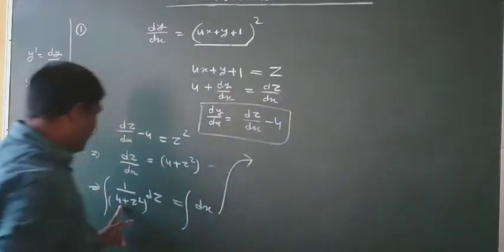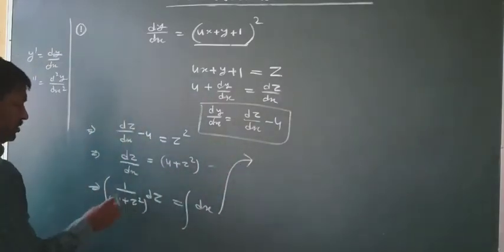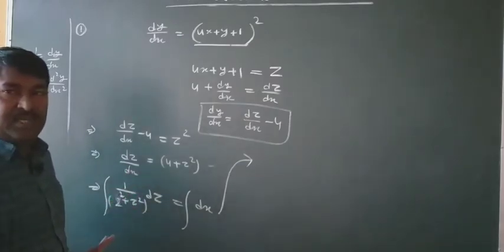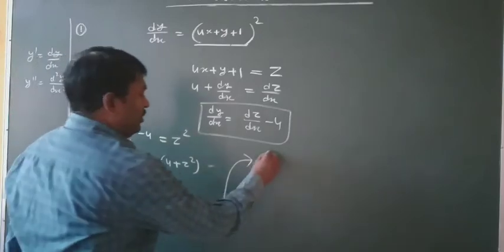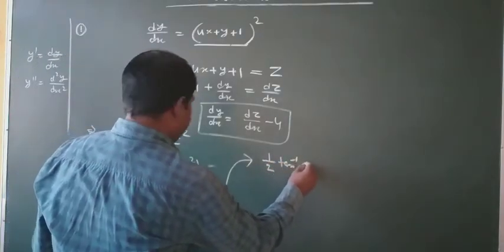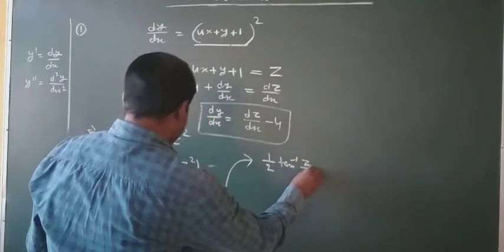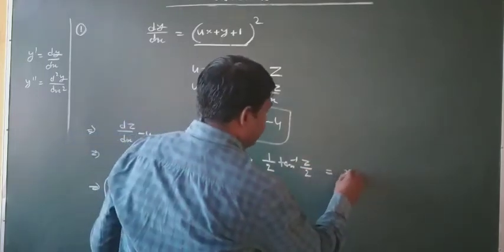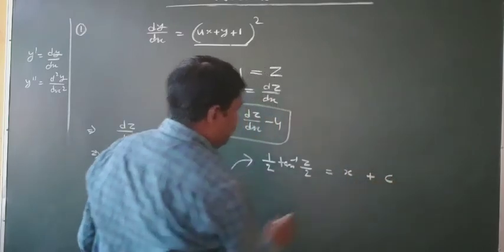Integration of 1 upon a square plus x square. It is just like 2 square. So integration of 1 upon a square plus x square is 1 upon a, tan inverse x upon a, meaning z upon a. What is a? a is 2. That is equal to x plus c.